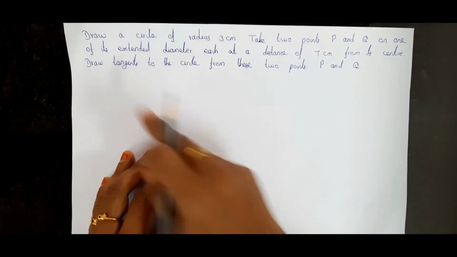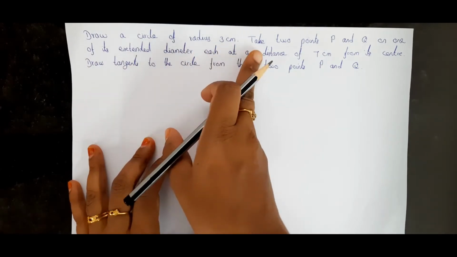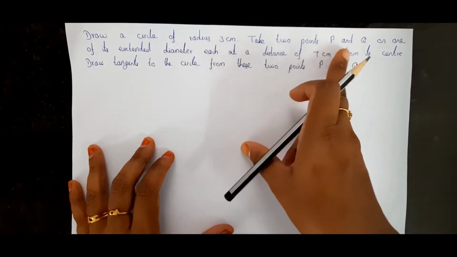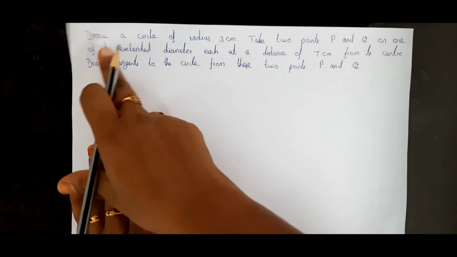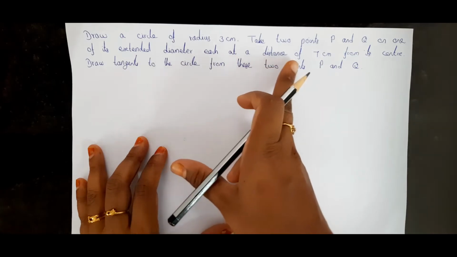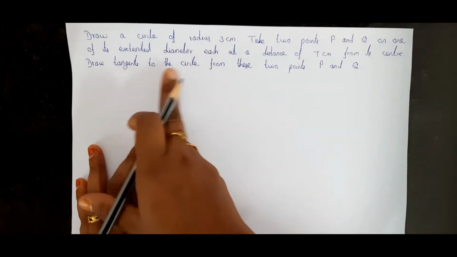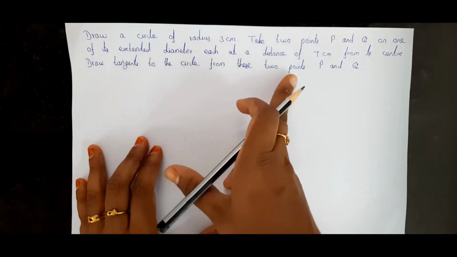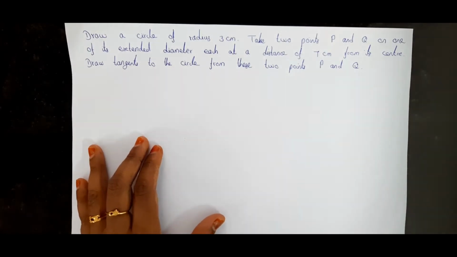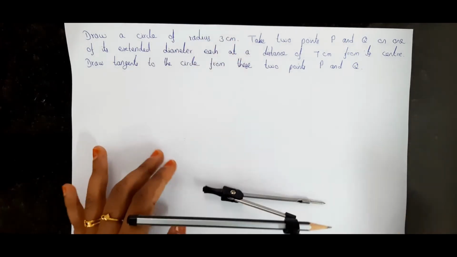Let's see the problem. Draw a circle of radius 3 cm. Take 2 points P and Q on one of its extended diameter, each at a distance of 7 cm from its center. Draw tangent to the circle from these 2 points P and Q. So what they have given, first we need to draw a circle of radius 3 cm, right?